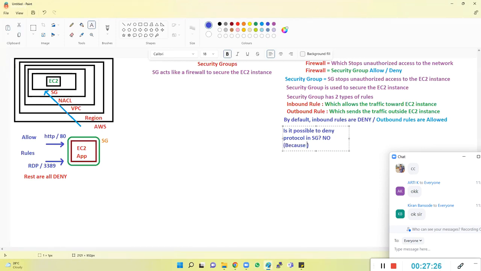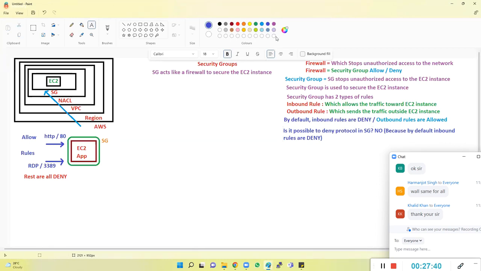Because by default, inbound rules are denied. So in a security group, you can only allow protocols, not deny.